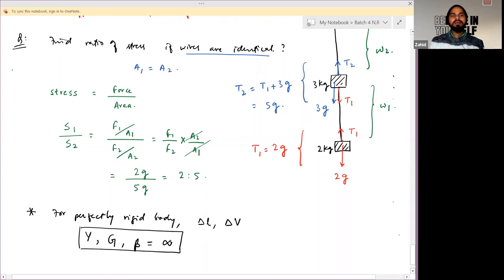So you may be asked to define the value of modulus of elasticity for a perfectly rigid body. So you'll say in a perfectly rigid body, there will be no deformation. So delta L, delta V will be 0. So if you apply the formula, Young's modulus equals force into length divided by area into delta L. So if there is no deformation, delta L will be 0. And 1 divided by 0 will be nothing but infinity. So modulus of elasticity will be equal to infinite.